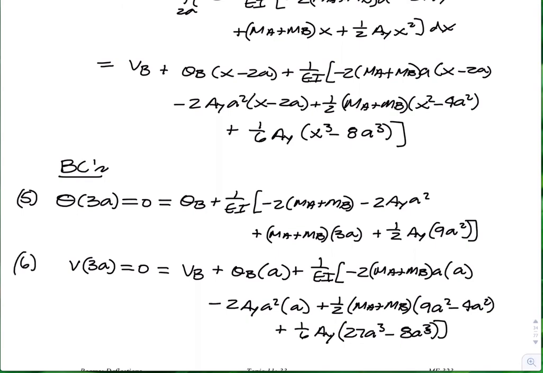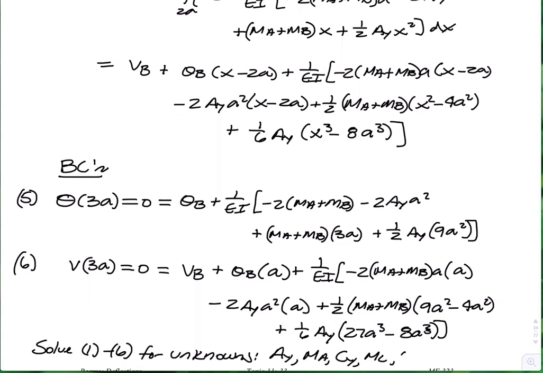So what we need to do is solve equations 1 through 6 for the unknowns of AY, MA, CY, MC, theta B, and VB. 6 equations and 6 unknowns.